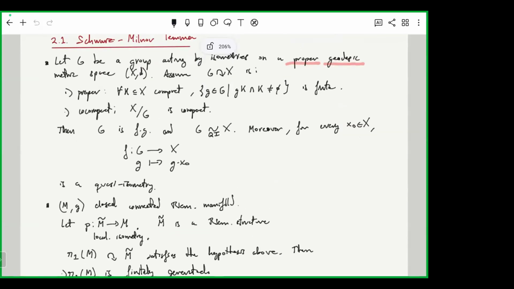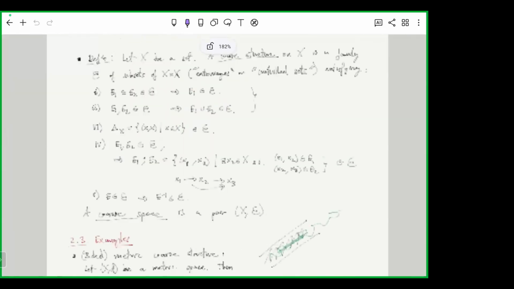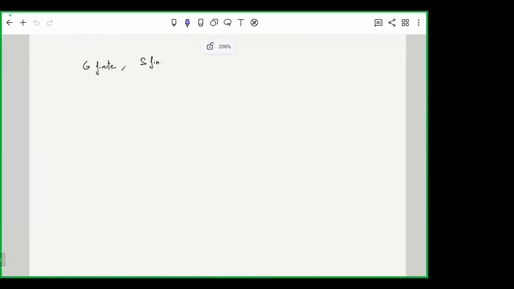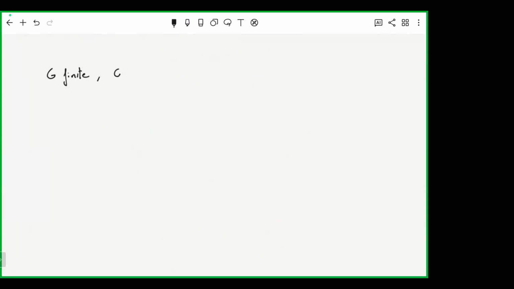So this is finite always, and the action will be compact. Yes, so if G is finite, then the trivial action of G on a point will satisfy the hypothesis of the Schwarz-Milnor lemma. So G will be finitely generated and quasi-isometric to a point.